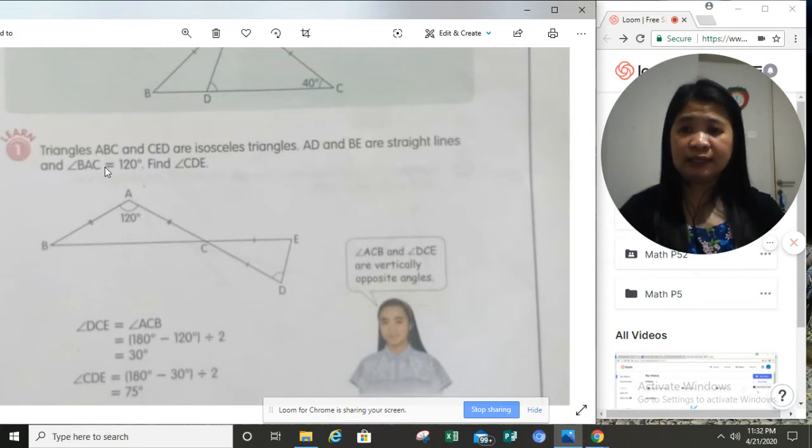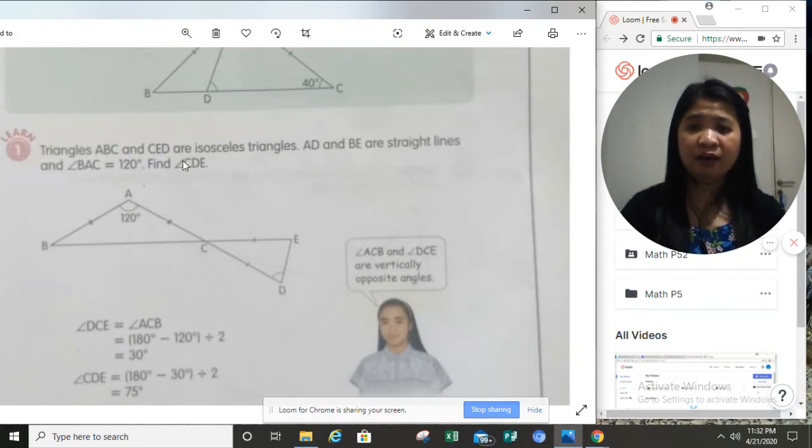Triangles ABC and CED are isosceles triangles. We all know that an isosceles triangle has two sides that are equal in length. Now you have to identify where the triangles with two equal sides are.